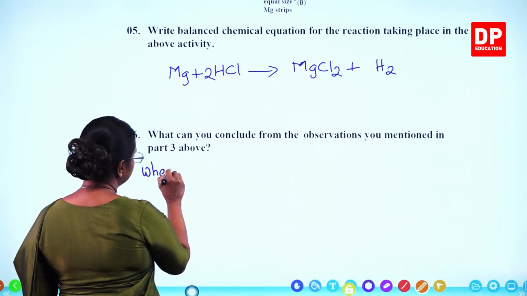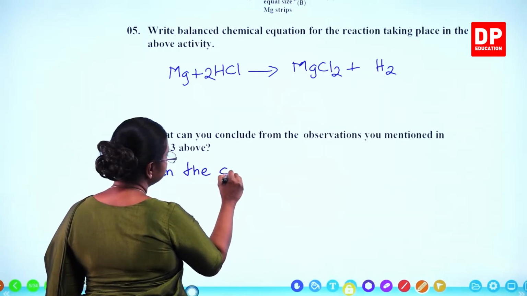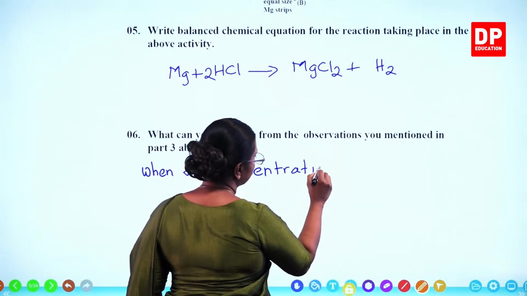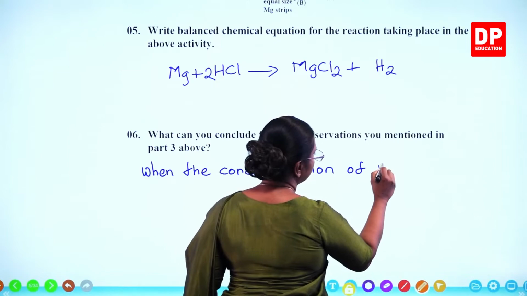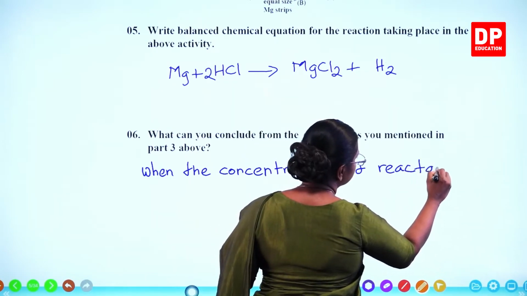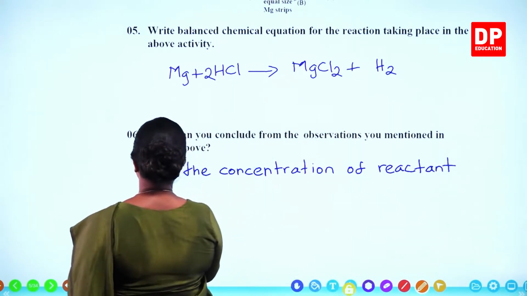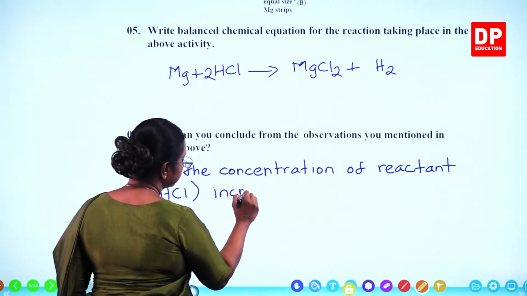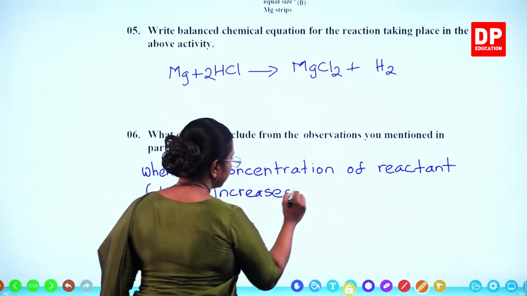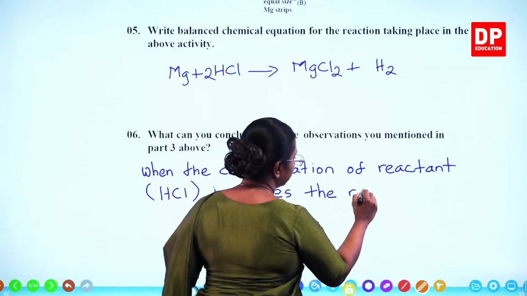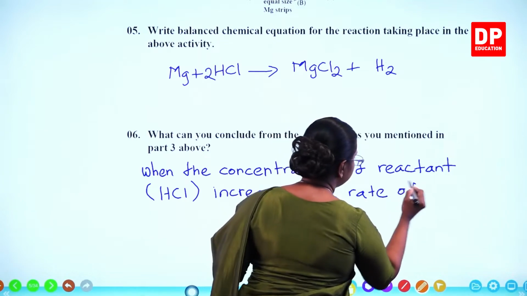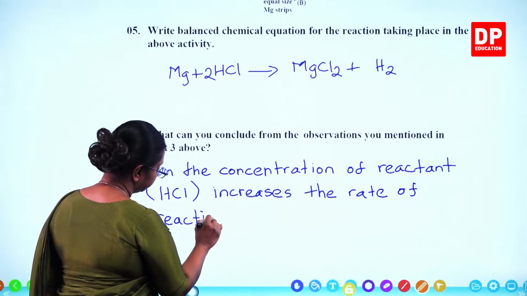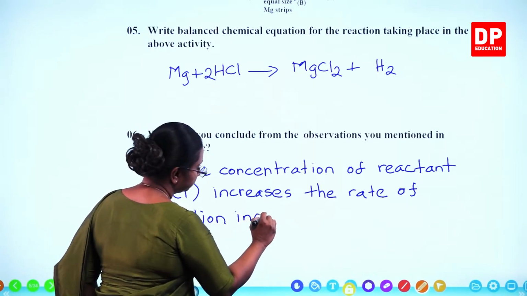When the concentration of reactant, that is here hydrochloric acid, increases, the rate of reaction increases.